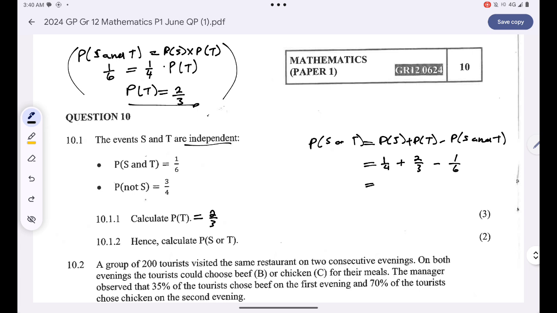That's 3 over 4. The probability of S or T is 3 over 4.